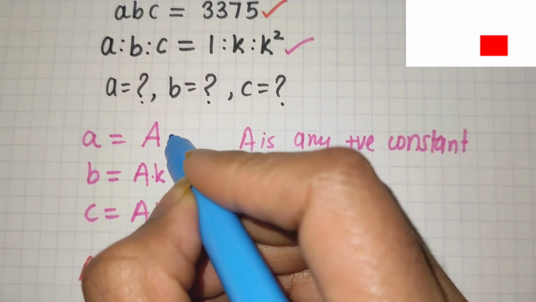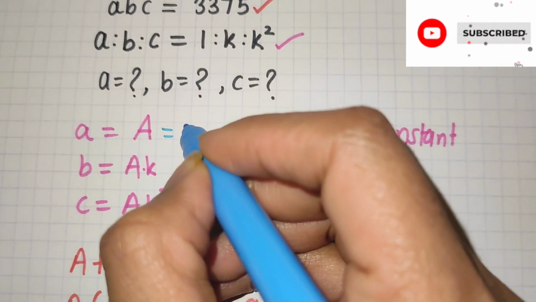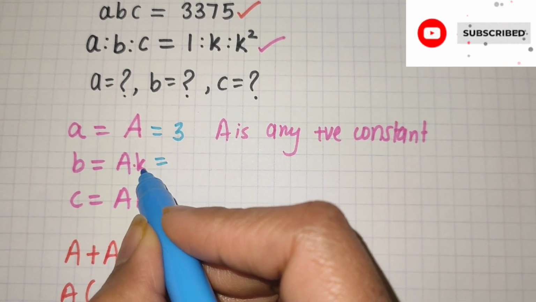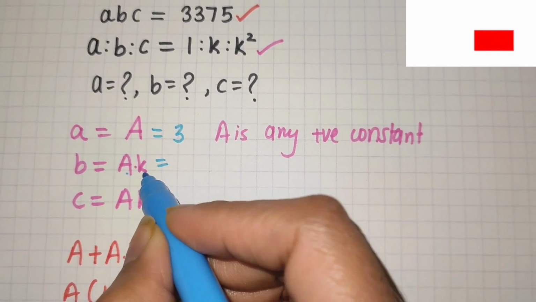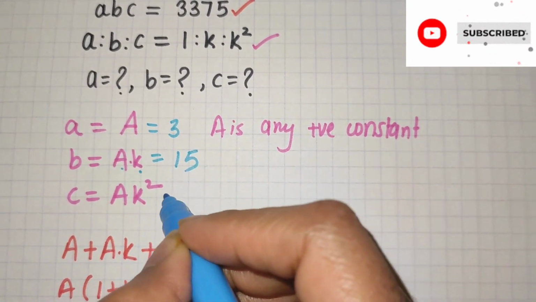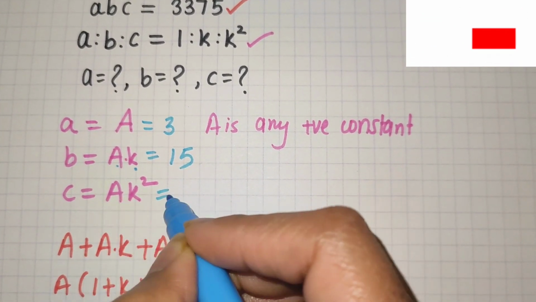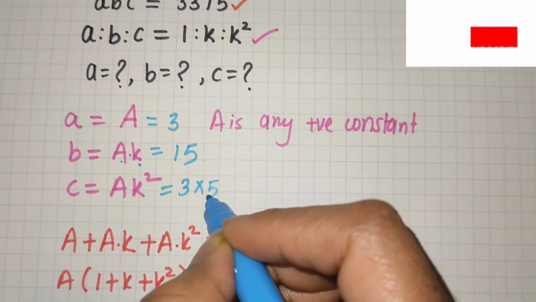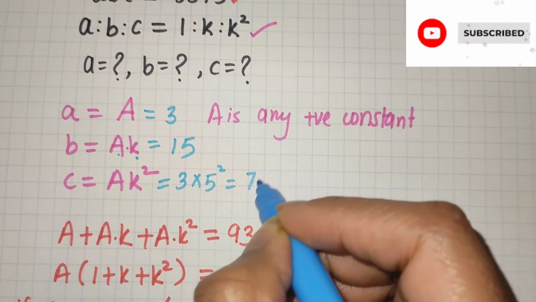So a is 3. A times k, that means 3 times 5, gives you 15. And a times k squared, that is 3 times 5 squared, gives you 75.